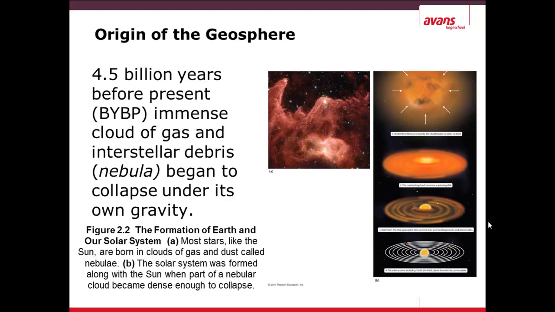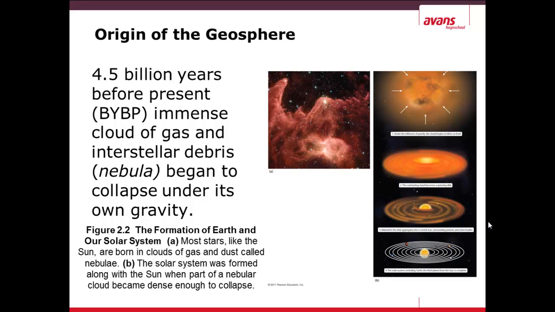The origin of the Geosphere is approximately 4.5 billion years before present. An immense cloud of gas and interstellar debris, which we call a nebula, began to collapse under its own gravity. Most stars, like our Sun, are born in clouds of gas and dust called nebulae.